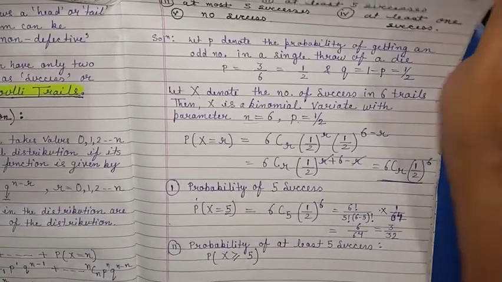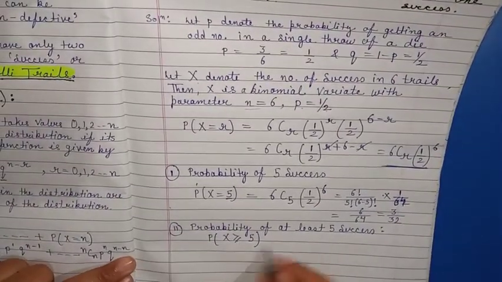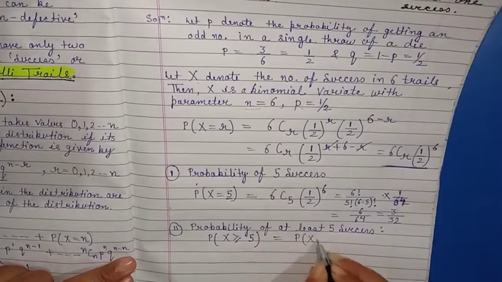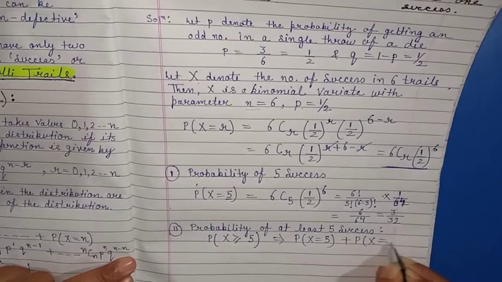Greater than or equal to 5 means we have to find P(X equal to 5) plus P(X equal to 6).